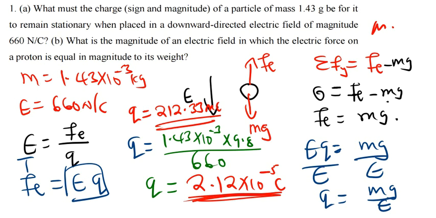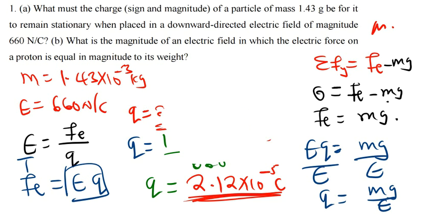Now the question here is saying we need to find the magnitude and the sign. How can we find the sign here? We need first to think of the electric field and the electric force.